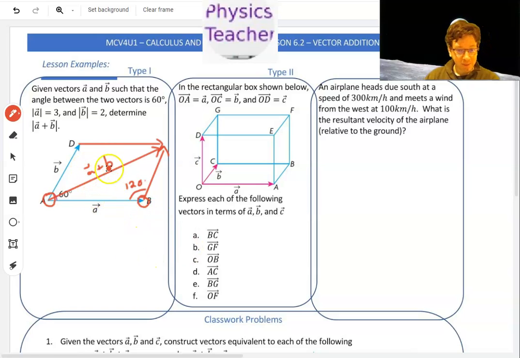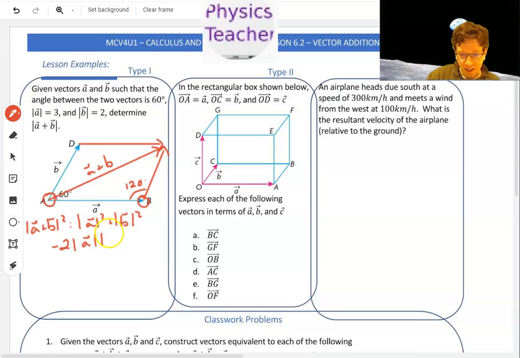So we can solve for the magnitude of A plus B using the cosine law. So the magnitude of A plus B squared equals the magnitude of A squared plus the magnitude of B squared. And I'm running out of room, so I'll just write it here. Minus 2 times the magnitude of A times the magnitude of B times the cos of 120.